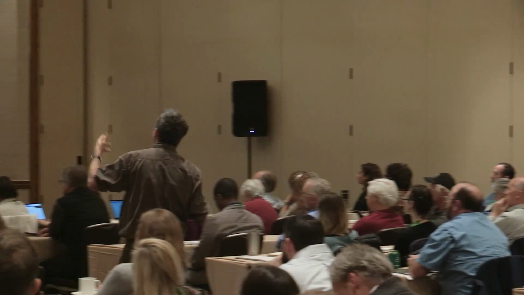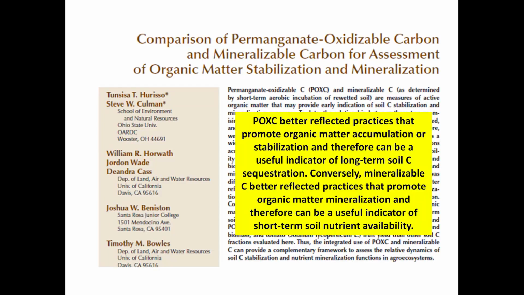Okay, so let's just wrap up here and think about how we can do some assessment of soil organic matter. This was a great article that came out recently about the permanganate oxidizable carbon method. I saw Ray Weil in the back. He was a leader in bringing this test to NRCS. Now it's being widely used.